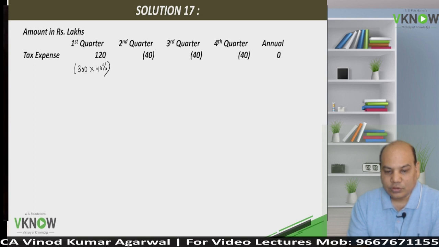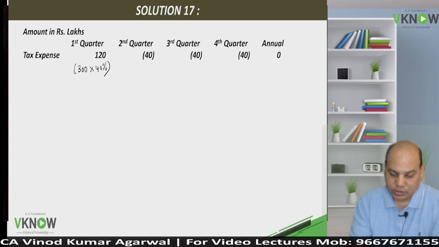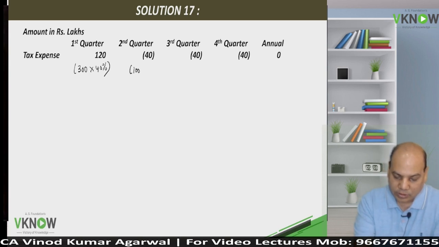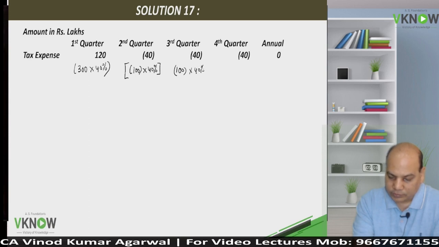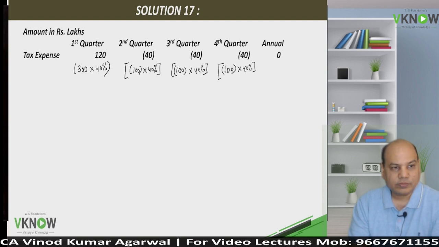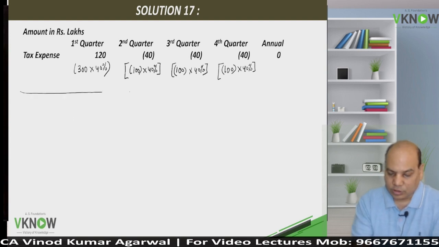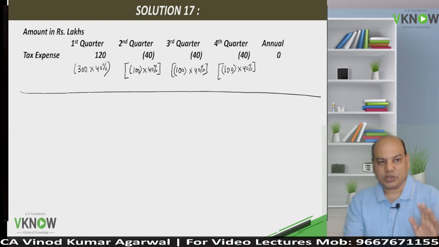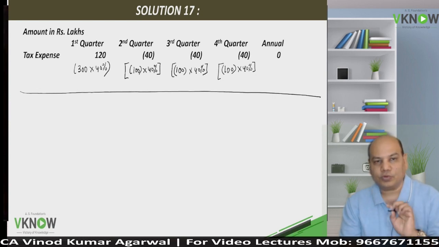Therefore, first quarter tax expense will be 300 into 40%, 120. Second quarter will be 100 loss into 40%. Same thing here, 100 loss into 40%, and the same for the fourth quarter. And the total will be 0. Only for this much effort you are going to get 4 marks.